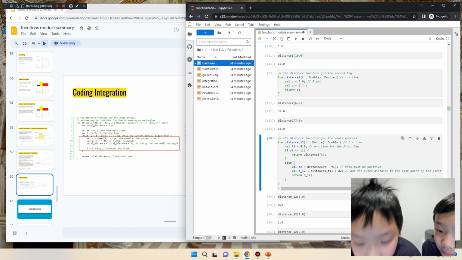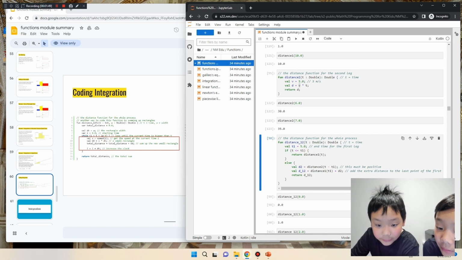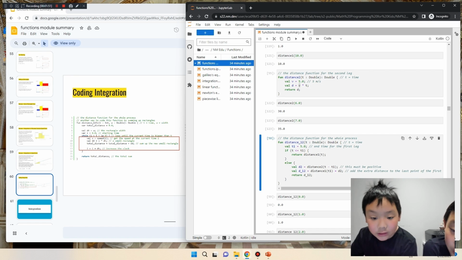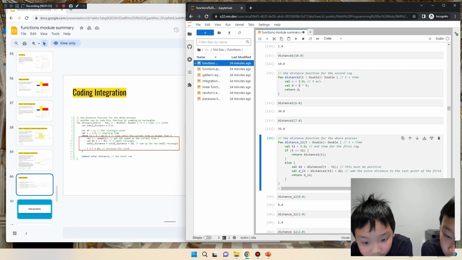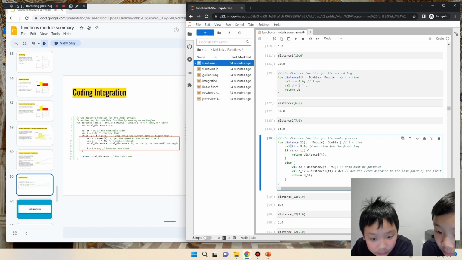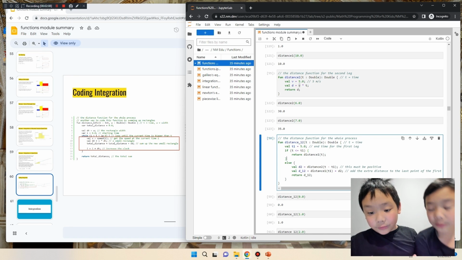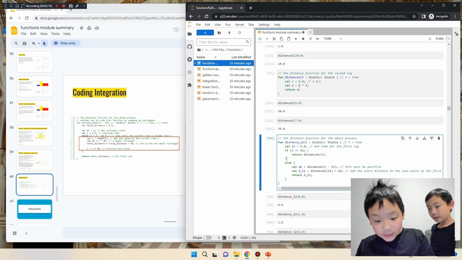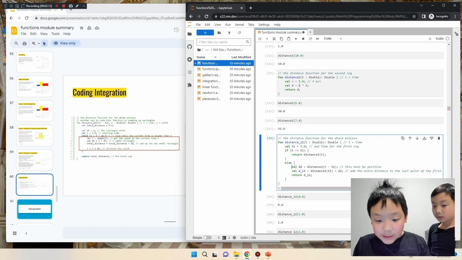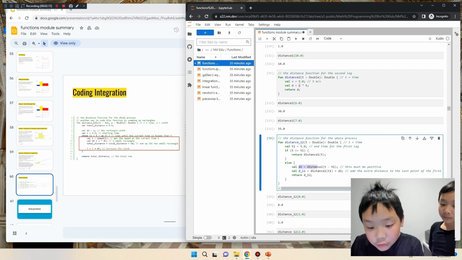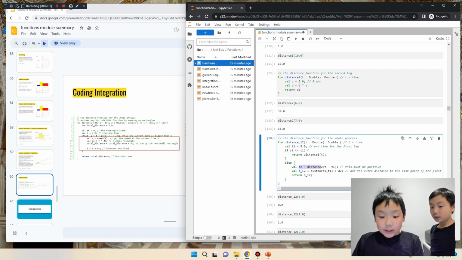So this function right here is basically adding the distance1 and the distance2 function. Here it says if t is smaller than t1, which is 5, because it literally says t1 equal to 5 here. So if t is smaller than 5, then you use the distance1 function, which is basically the velocity will be equal to 1. But if the time is above 5, then you use the distance2 function.